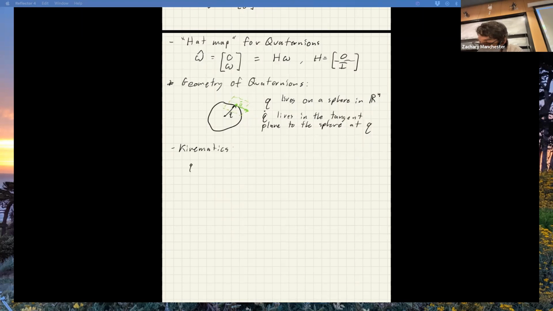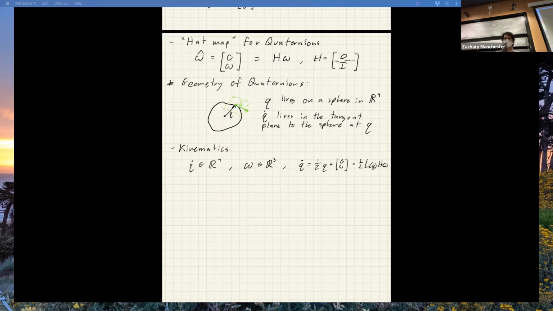Okay, so here's some more on this. We have this Q dot thing that's in R4. And we have omega, the angular velocity vector, the thing coming out of your gyro, right? And that thing is in R3. And we have this kinematics relation that we derived last time for Q dot in terms of omega that looks like this: Q times this omega hat thing, which is equal to 1/2 our L matrix times our H matrix times the omega.